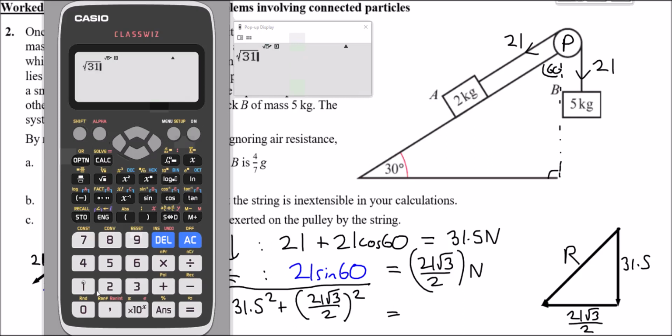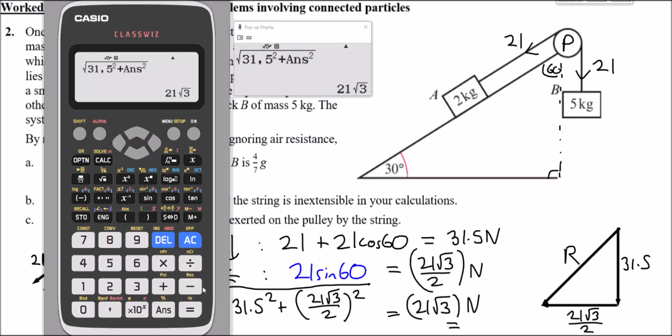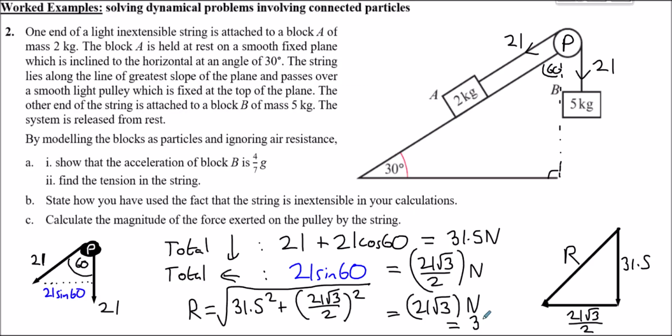So square root 31.5 squared plus ANS squared, press equals, we get 21 root 3. And to three significant figures, that's 36.4 newtons. And that's our final answer for that one, 36.4 newtons.